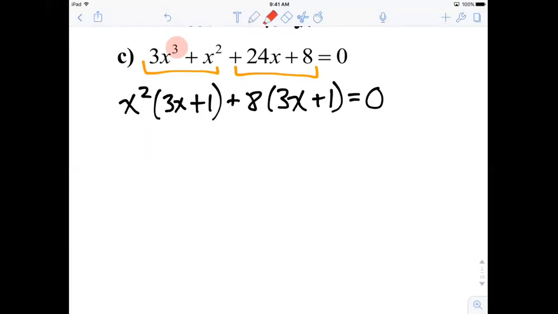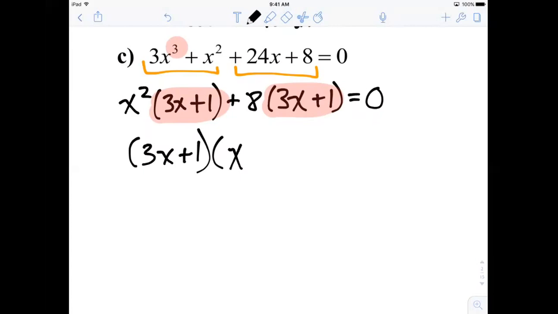And now I recognize that each of my large chunks have a common piece to them. They each have this bracket in common. So 3x plus 1 suddenly becomes a common factor that I have on my left side overall. So just like I do with any other type of common factoring, I pull my common factor out in front of everything, and I create a new bracket beside it with what's left over when that's divided away.